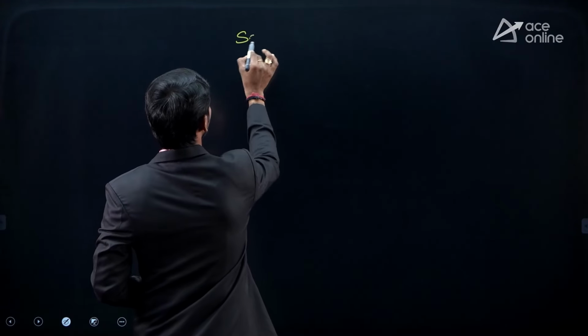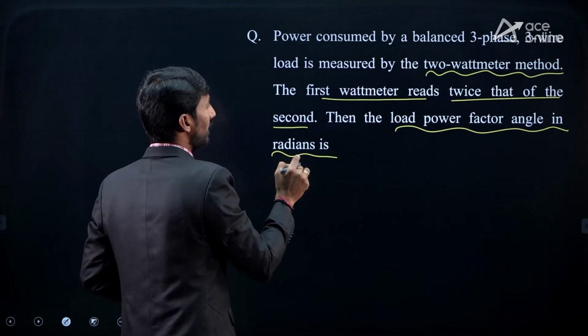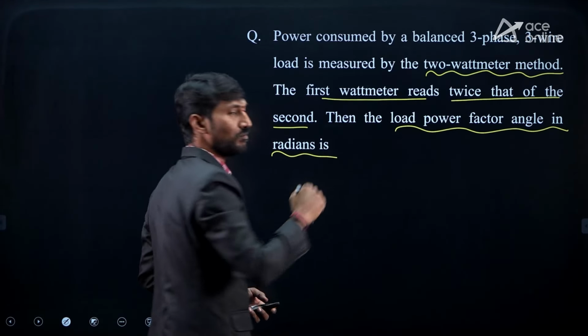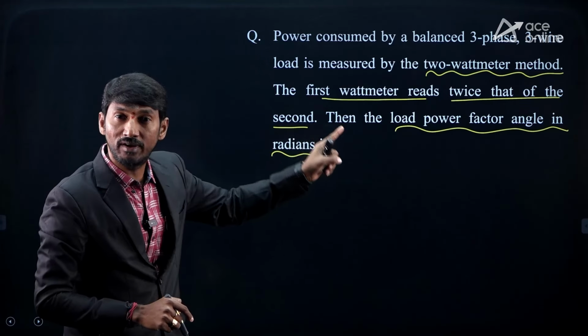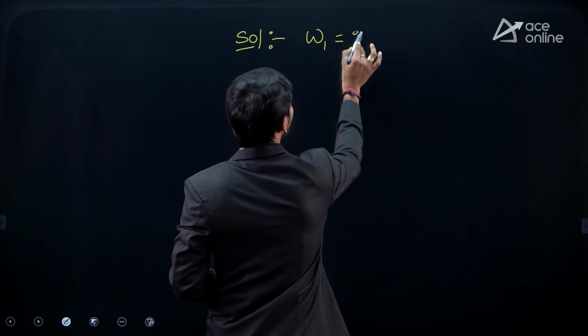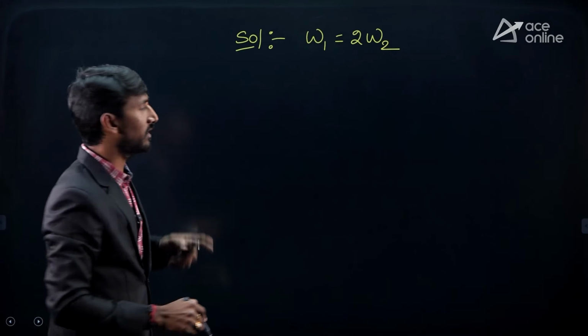What is the corresponding power factor formula? Before that, what is the relation? One wattmeter reads twice that of the other. So simply assume that W1 is equal to 2 W2. Just one is twice that of the other.